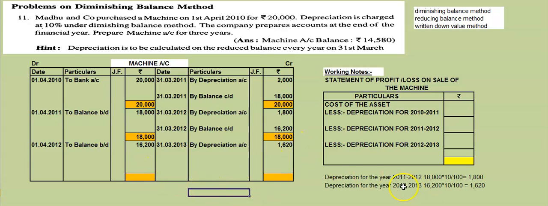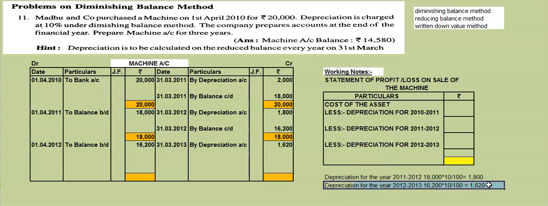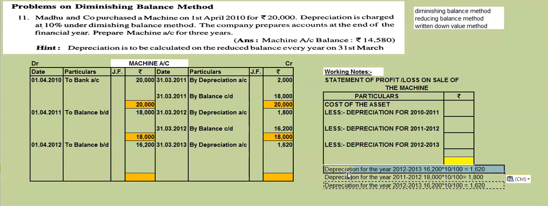So don't get confused now. I'll show the first year depreciation also to avoid confusion. We'll do one thing. Copy paste this one. Now what do you have to do here? Just change the year here.